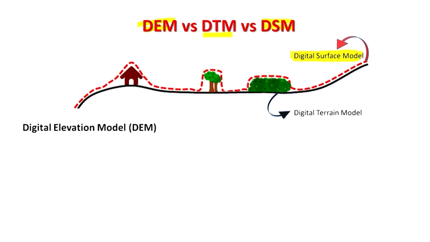And when we employ the LIDAR technique, this is what LIDAR does. It creates a digital surface model rather than a DEM. Though there are techniques by which we can remove these, like a house or tree or bush, we can remove them. And then if we remove them, it becomes a digital elevation model or digital terrain model.